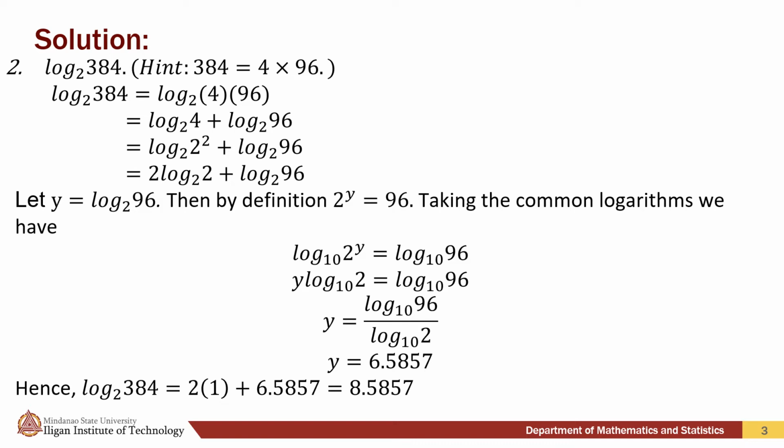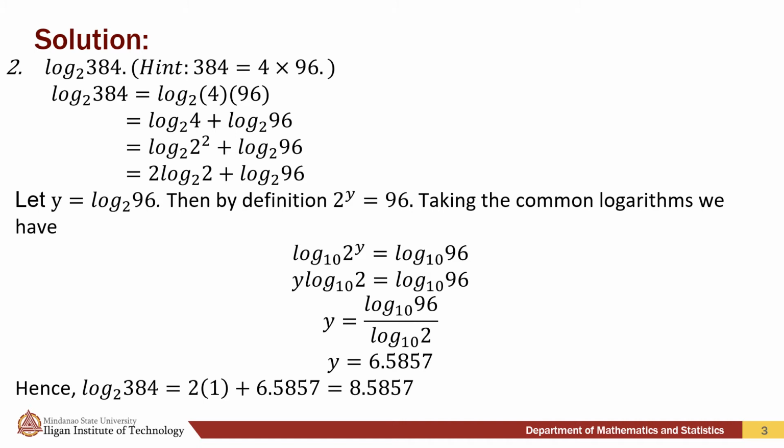That is, because we can rewrite 4 here as 2 squared, we have the logarithm of 2 squared to the base 2 plus the logarithm of 96 to the base 2. And this is equal to 2 times the logarithm of 2 to the base 2 plus the logarithm of 96 to the base 2. Now let me just pronounce the logarithm as log.